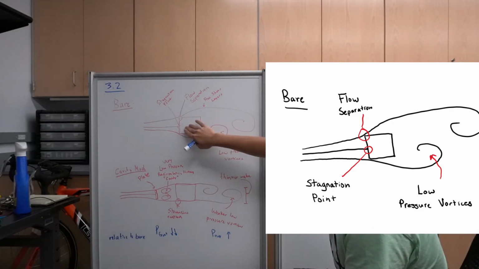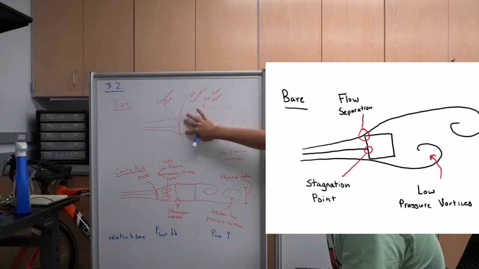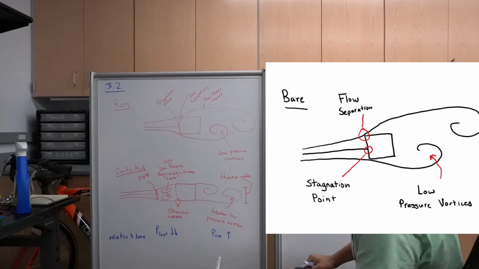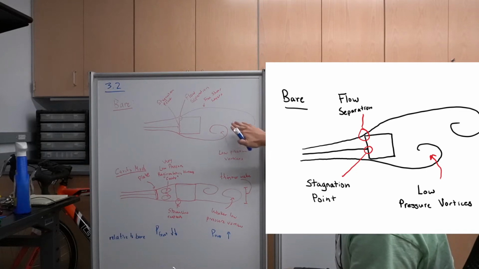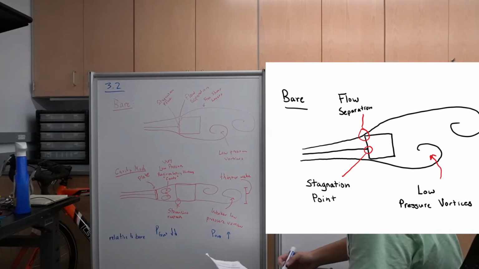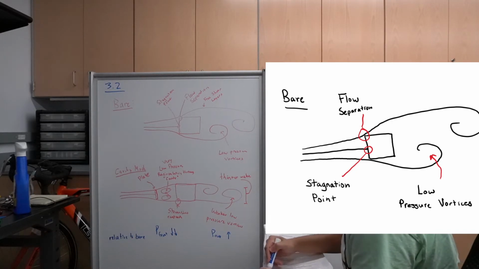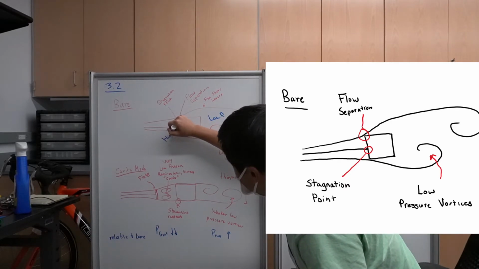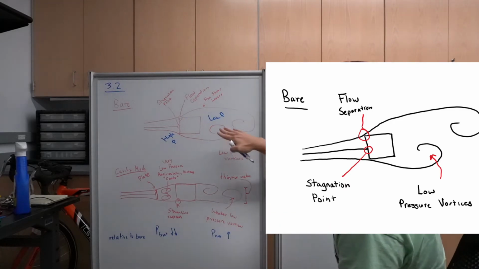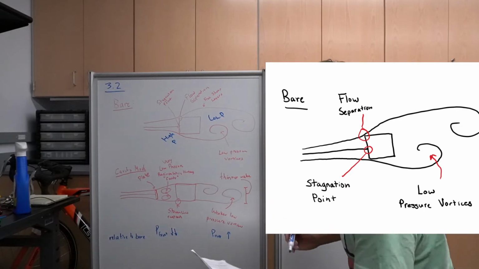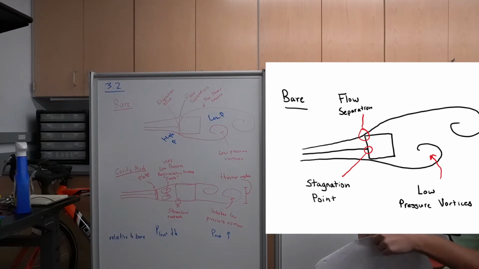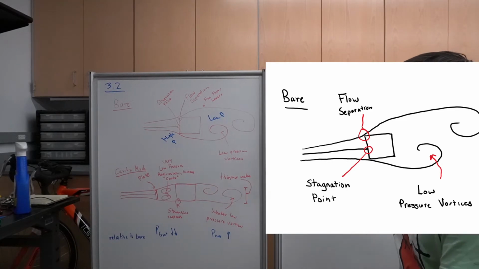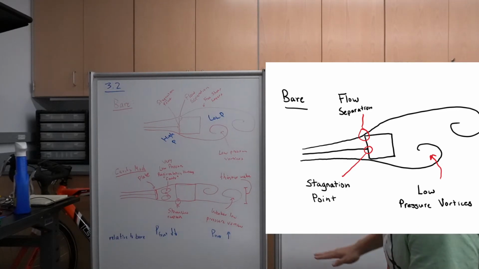It's creating a stagnation point in the middle. At the 2 corners, the flow separates, creating these free shear layers that roll up into low pressure vortices. So this creates low pressure on the back face and high pressure on the front face. The combination of low pressure on the back face and high pressure on the front face both contribute to drag. So that's why we see a lot of drag in the bare cylinder case.